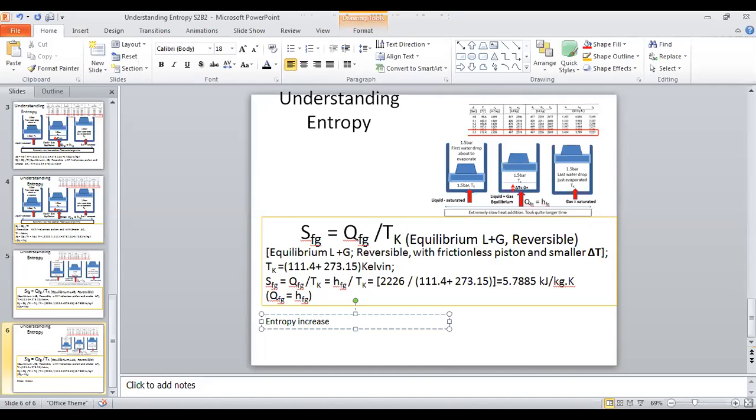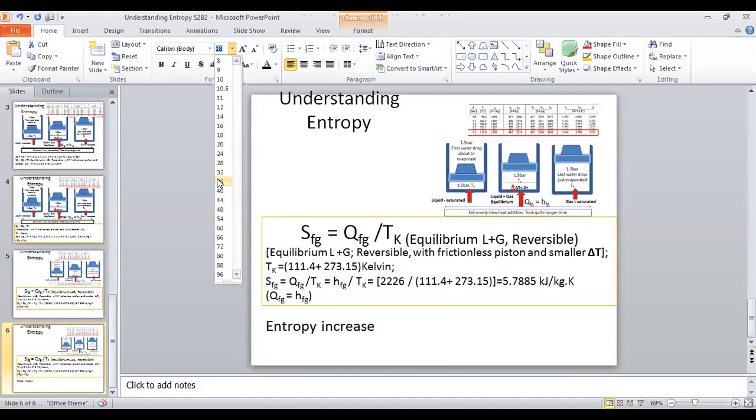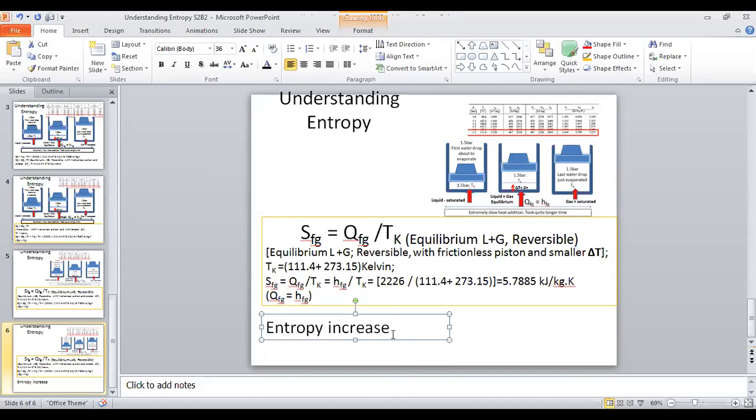For the previous case, this entropy increase means SFG, which is equal to heat transferred divided by TK.